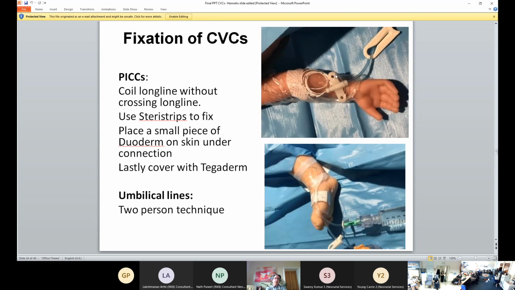You have to put duoderm just underneath this hub, because this is the connection between the long line and the extension. So you need to put a piece of duoderm, or sometimes people put a piece of gauze or anything, just as a barrier between this plastic piece and the skin. And lastly, you need to cover all of this with Tegaderm. So you need to cover up to here. So this part needs to come under the dressing.